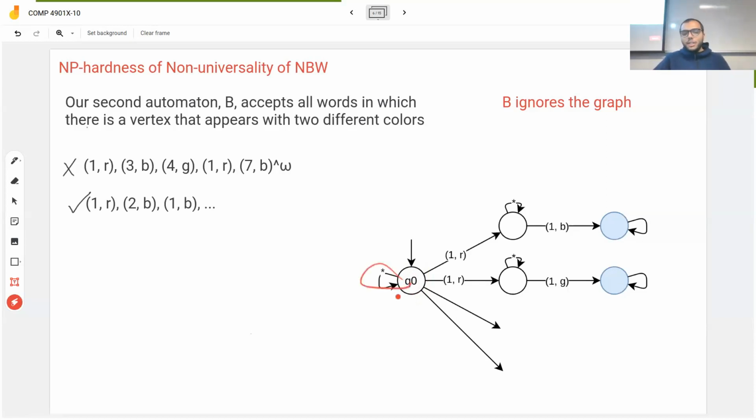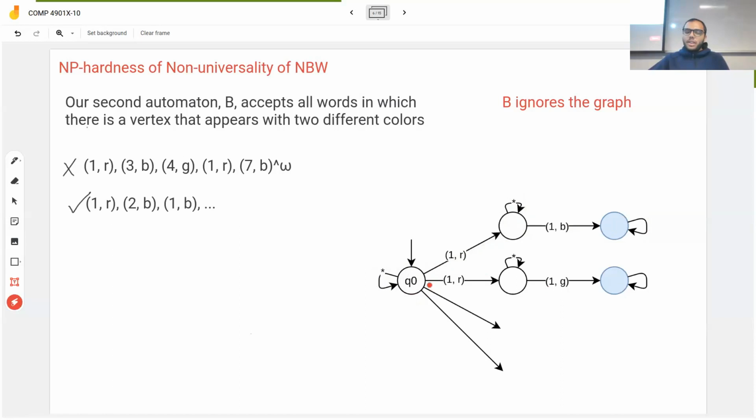So I can have a transition from Q0 to itself, which says, whatever, you can always do this transition. And then for every vertex and every color, I do this. I say there is 1R, and then I can ignore whatever, some suffix here, and then I take 1B. And this is an accepting state, and it has an edge only to itself.